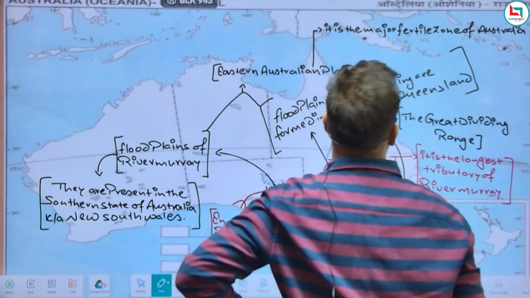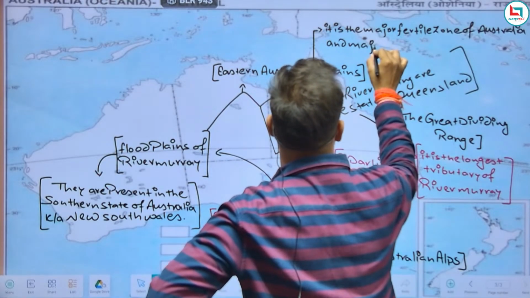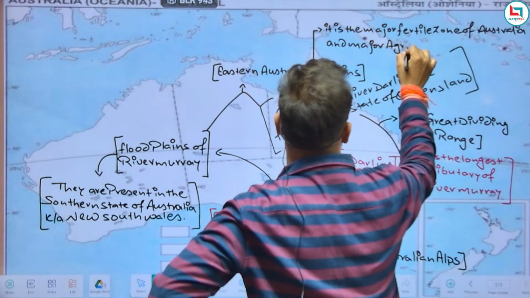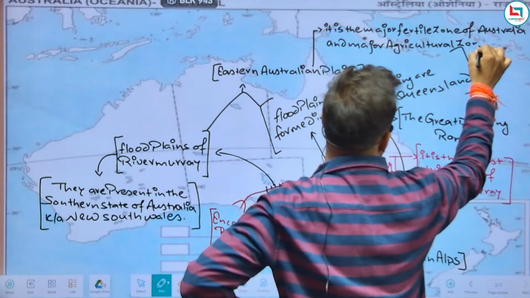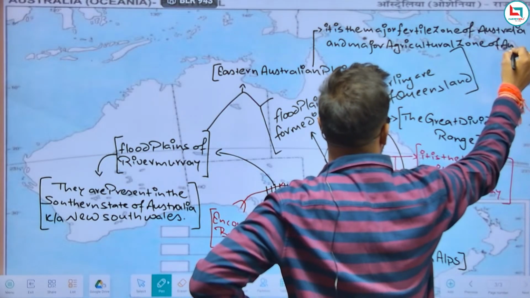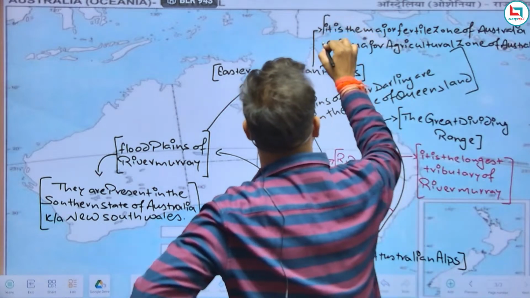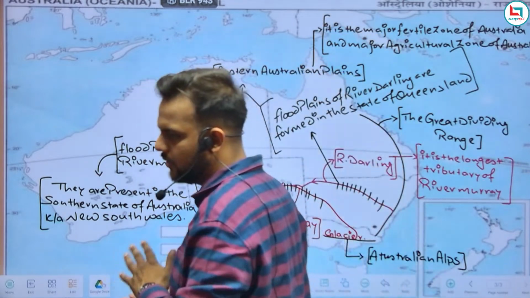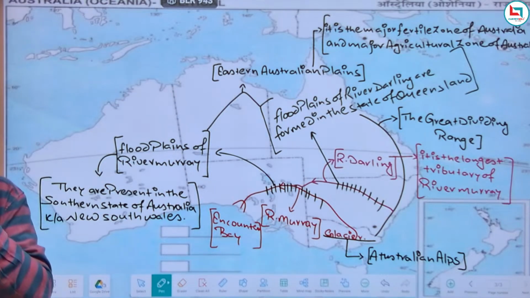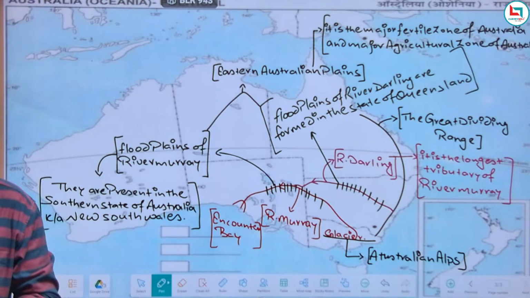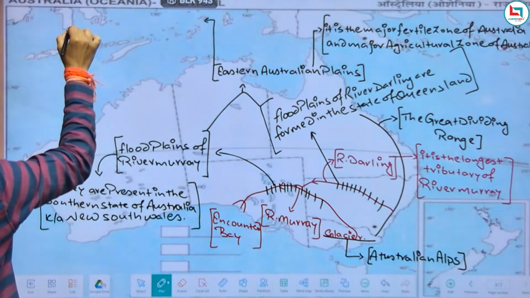If it is the major fertile zone, then obviously it would be the major agricultural zone. Here we practice extensive agriculture.